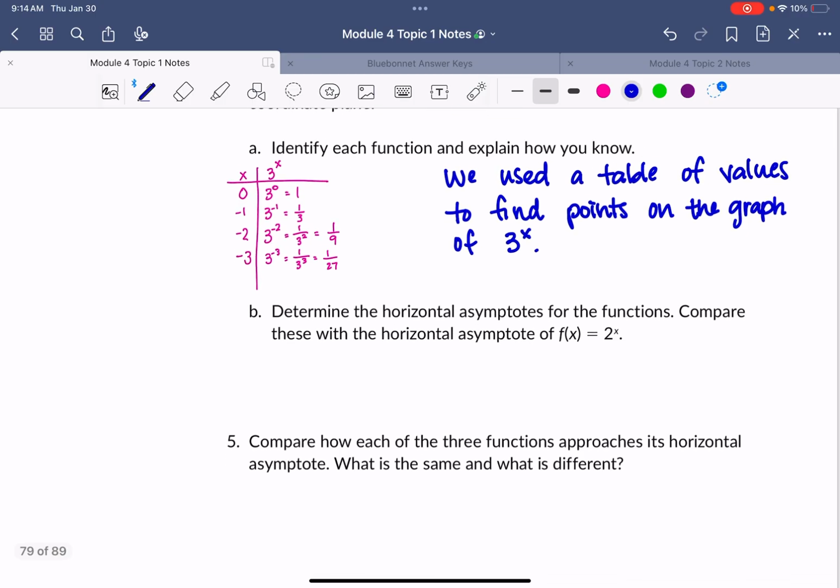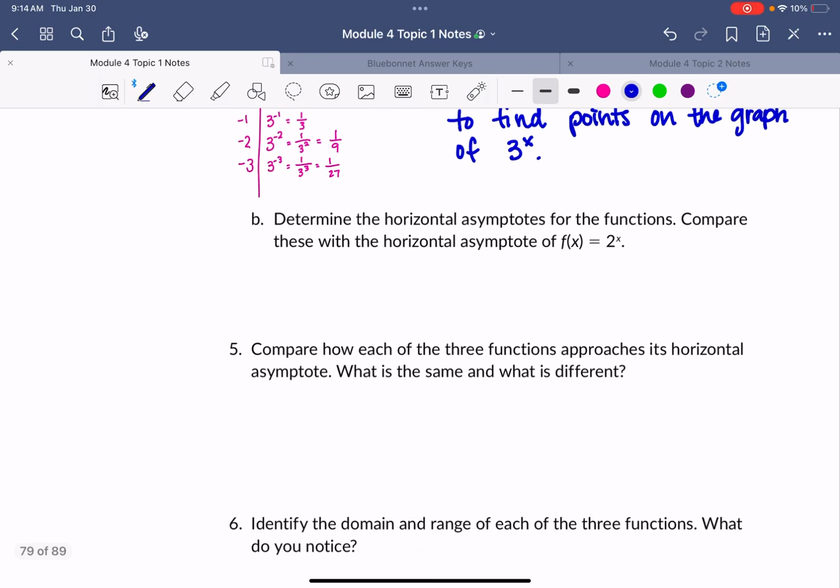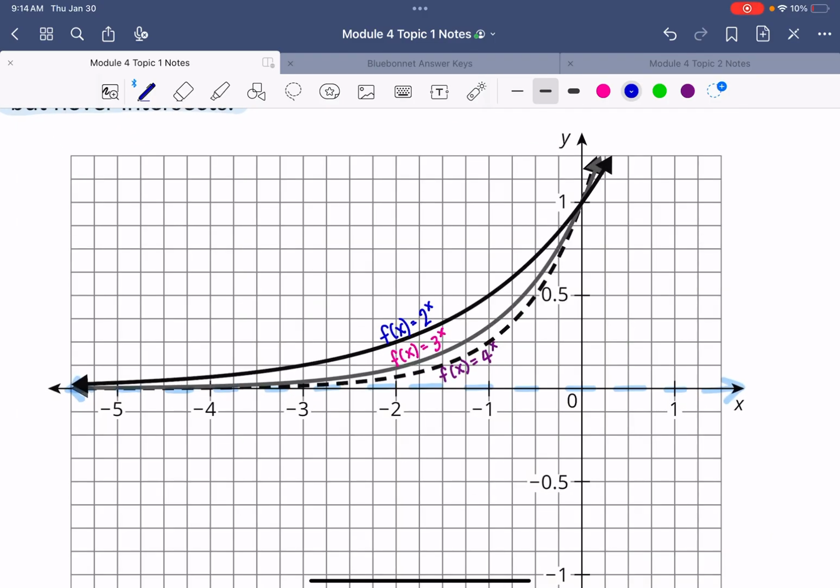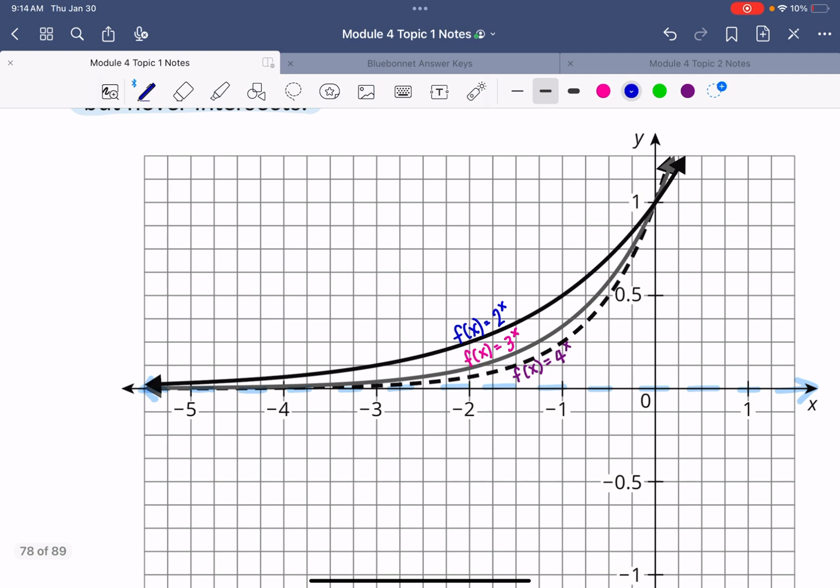Okay, so then it says determine the horizontal asymptote for the functions, compare these with the horizontal asymptote from 2 to the x. Well, if you're looking over here, right, all of my graphs all kind of flatten out at the same spot. So all of them have the same horizontal asymptote. So this one is my horizontal asymptote for 3 to the x.